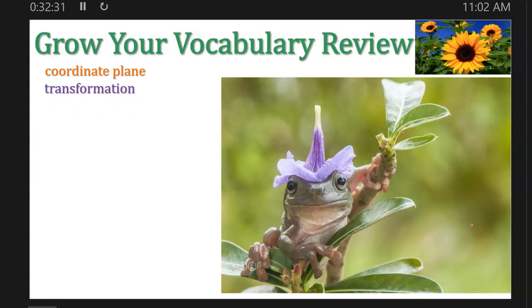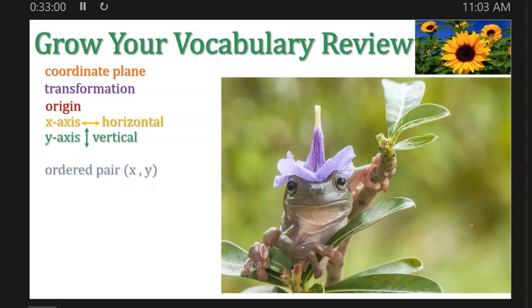Our next word is transformation, which is the process by which we change a geometric shape by changing its position, location, orientation, or size. The origin is the point in the very center of our coordinate plane, or the point (0, 0). The x-axis is our horizontal axis, which goes left to right or right to left. And the y-axis is our vertical axis, which goes up, down, or down to up.